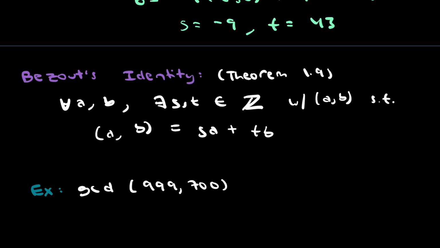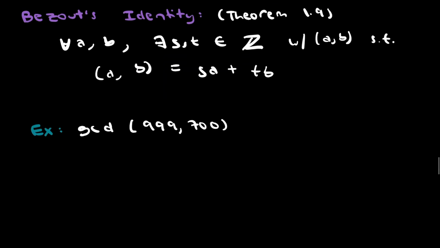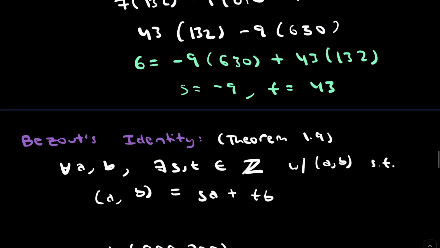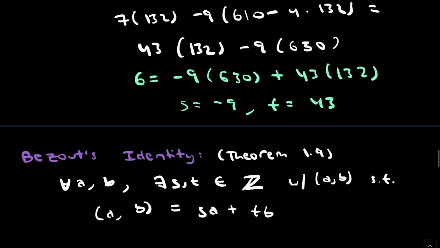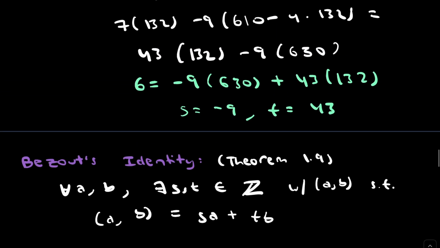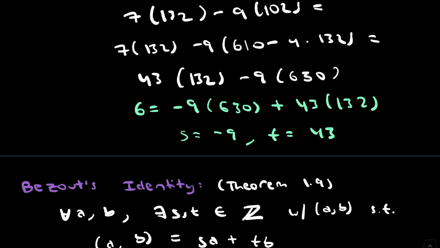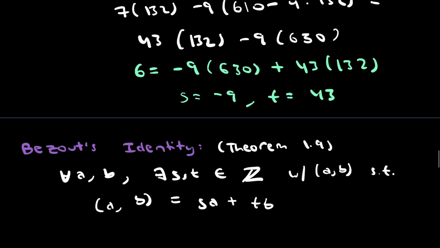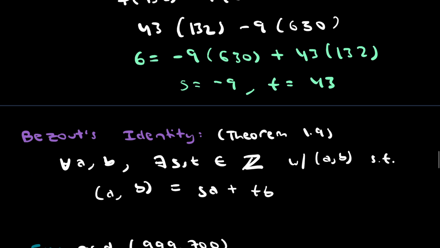And it's not just an existence fact. We just watched exactly how to construct s and t by hand. In the previous case, we saw that the greatest common divisor, which is 6, is equal to negative 9 times 630 plus 43 times 132. And we just found those integers s and t.